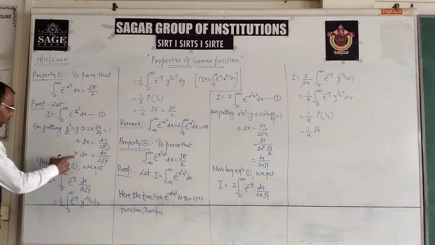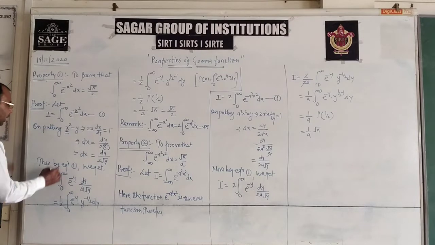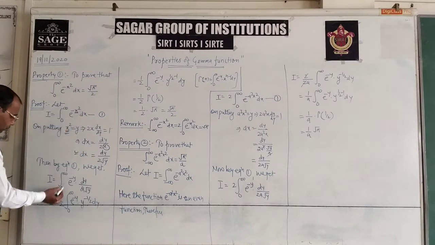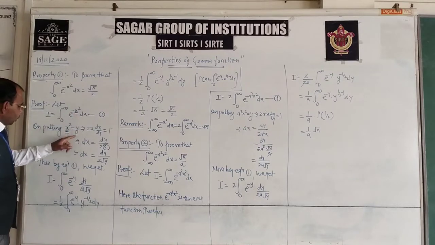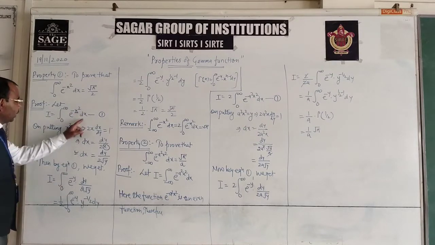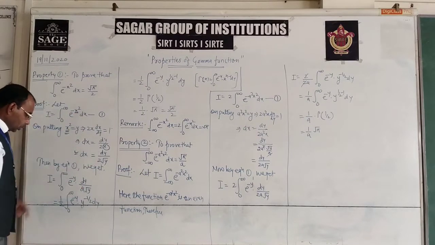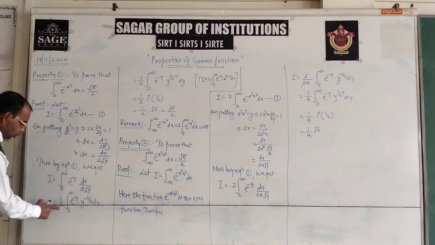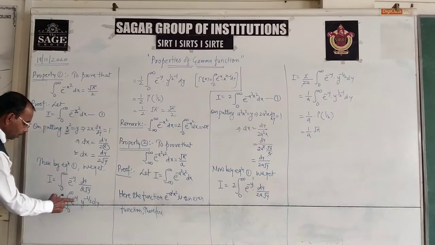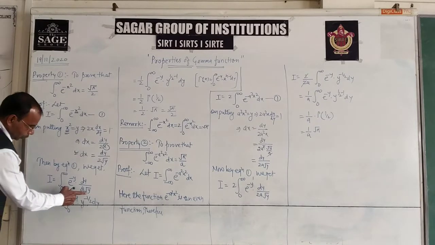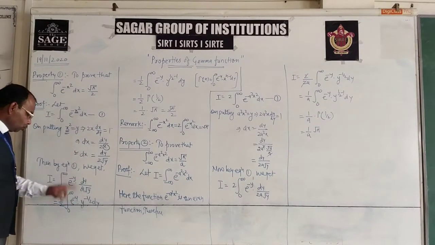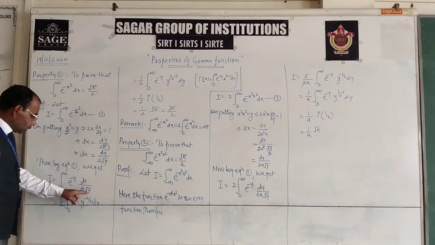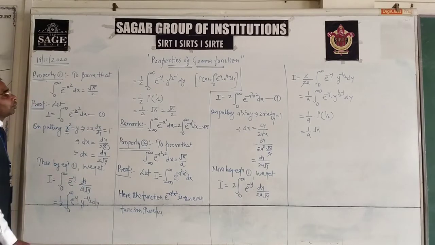Then by equation 1, we get I equal to the integral from 0 to infinity of e to the power minus y, since x square means y, and dx equal to dy upon 2 under root y. Here 1 upon 2 is a constant, so we have the integral from 0 to infinity of e to the power minus y, and the denominator term under root y we change into the numerator. Therefore, the power of y is 1 upon 2 in the negative, minus 1 by 2.